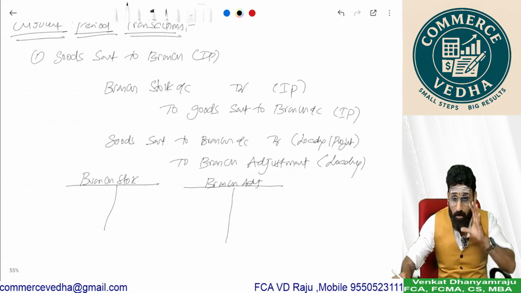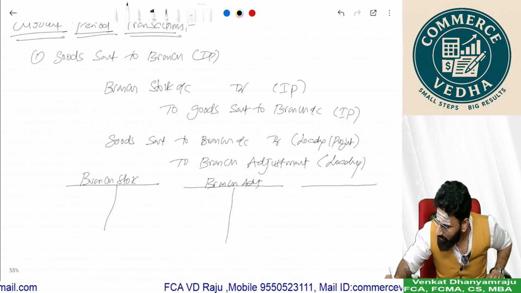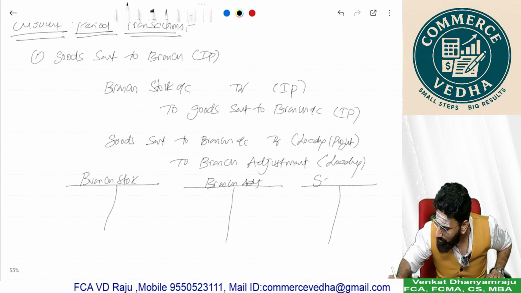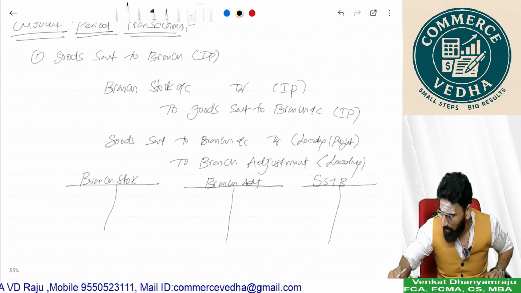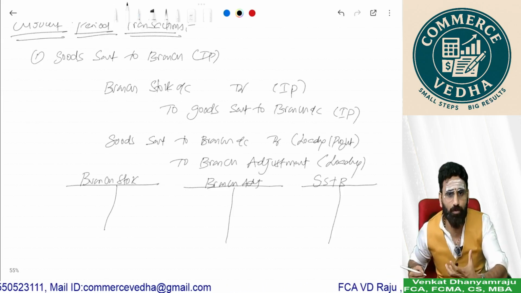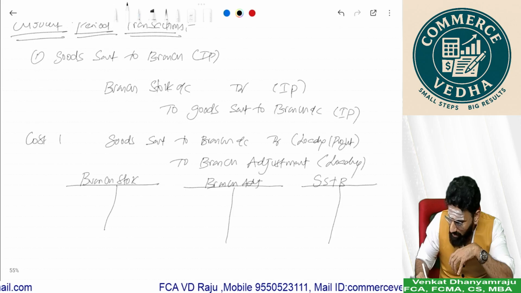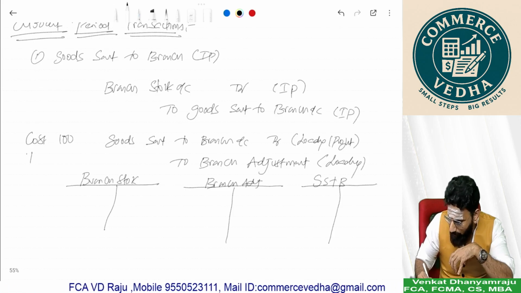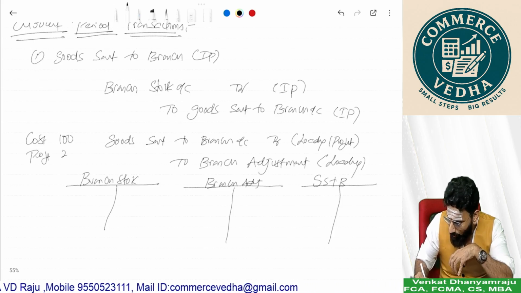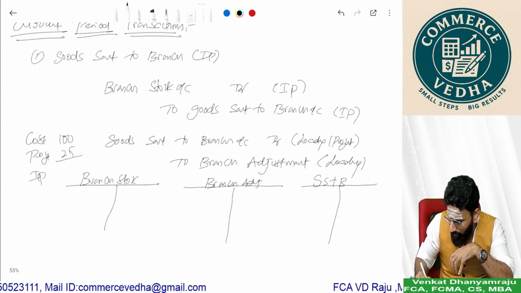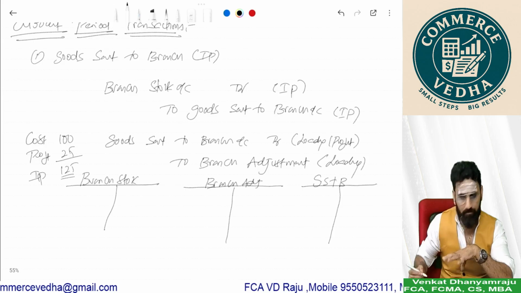Guys, observe carefully. This is goods sent to branch. Assume I sent goods costing 100 rupees, added profit 25, so the invoice price I sent is 125, right?